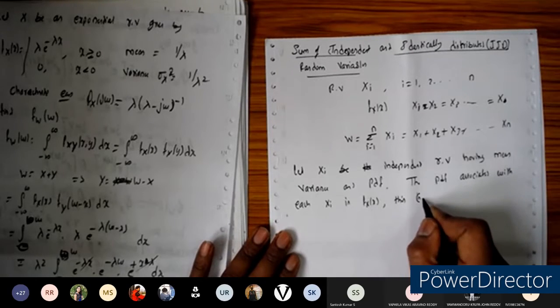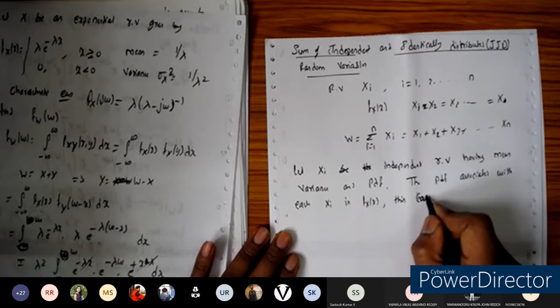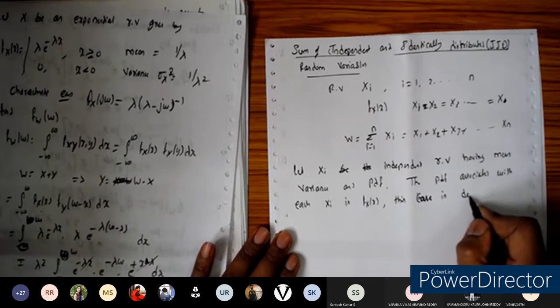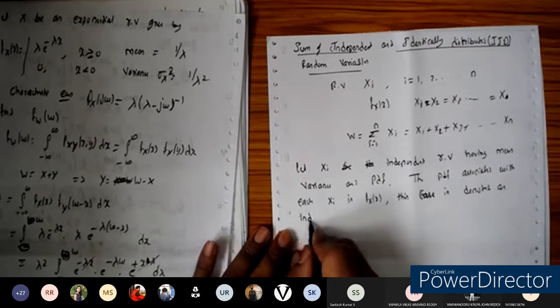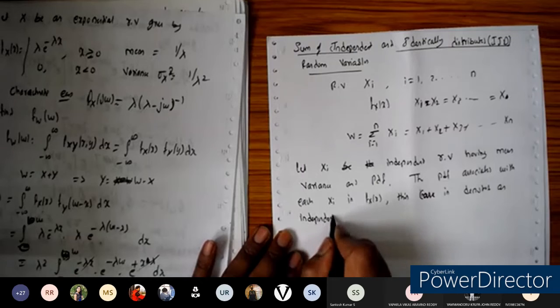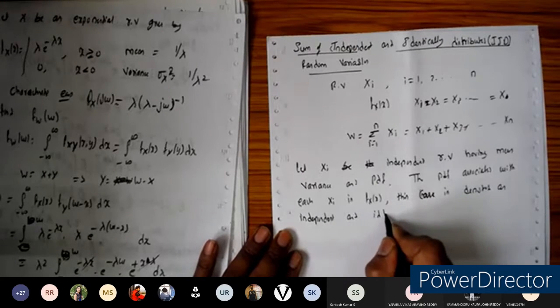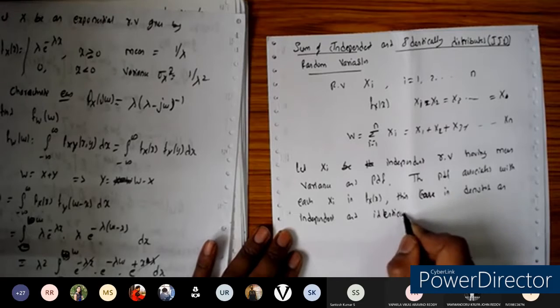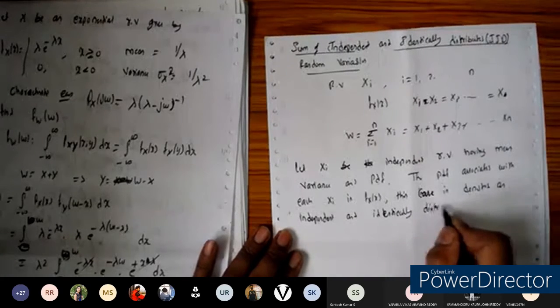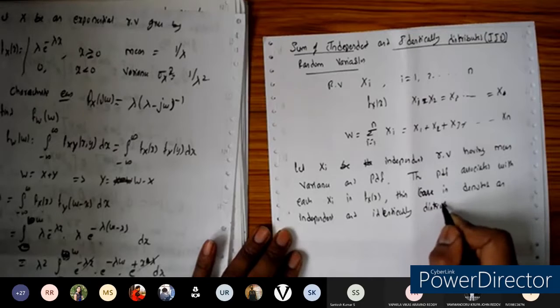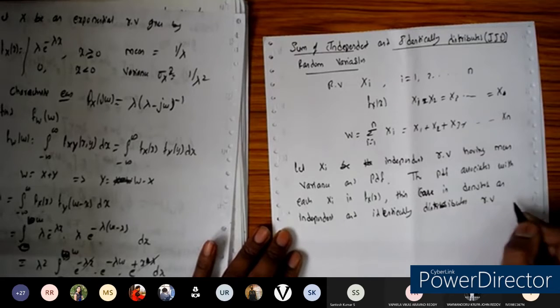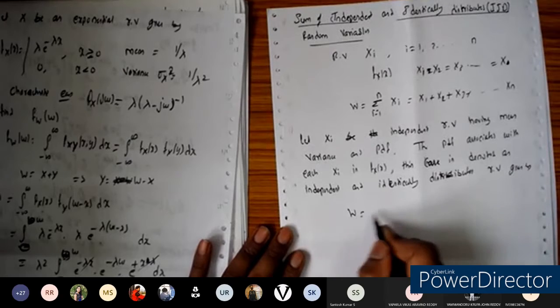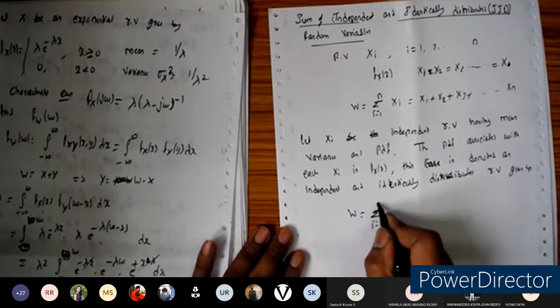This case is denoted as independent and identically distributed random variables, given by W equal to the sum of Xi from i equal to 1 to n.